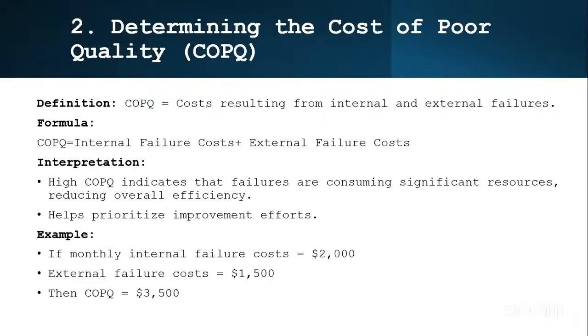External failure costs are costs that are incurred once the results have actually reached the end user, the patient or the clinician. So by definition, the cost of poor quality is equal to the costs arising from internal failure costs plus those from external failure costs. The formula is as depicted there: internal failure costs plus external failure costs.